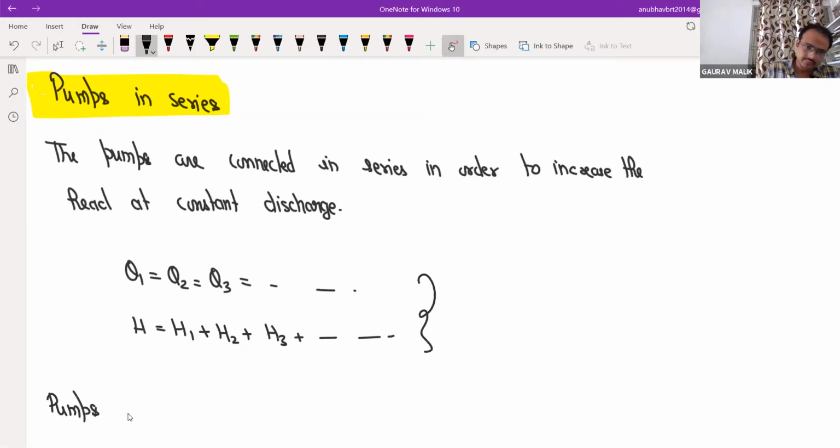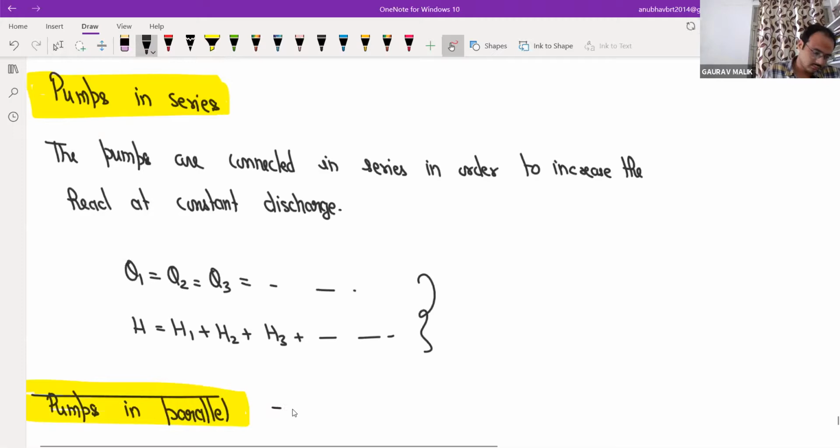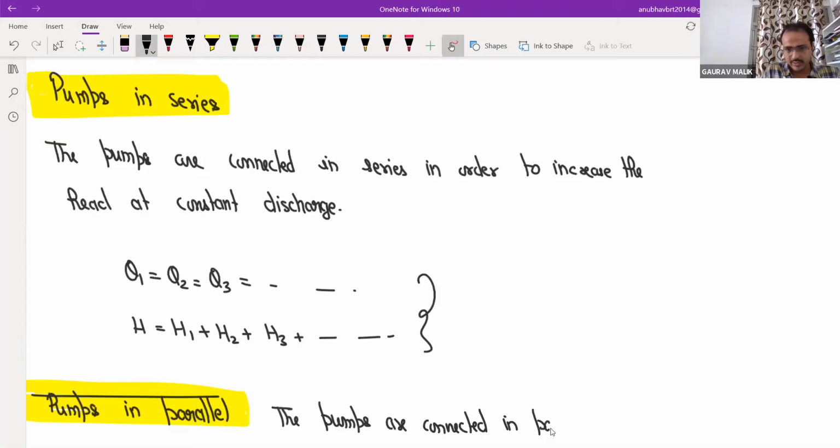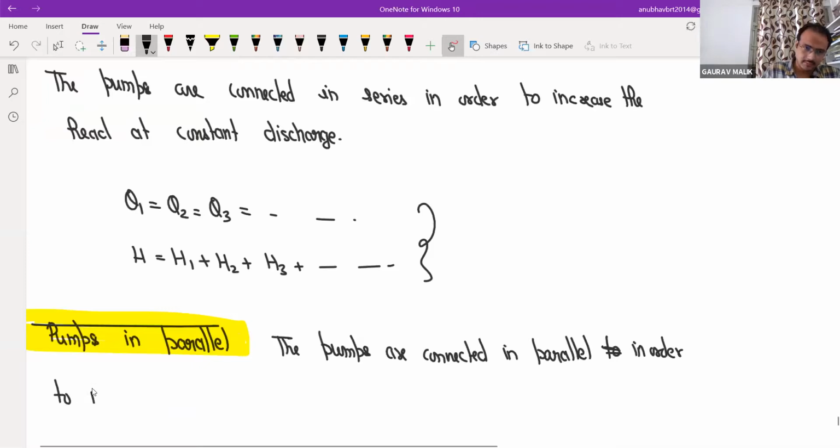Now comes pumps in parallel. The pumps are connected in parallel in order to increase the discharge at constant head.